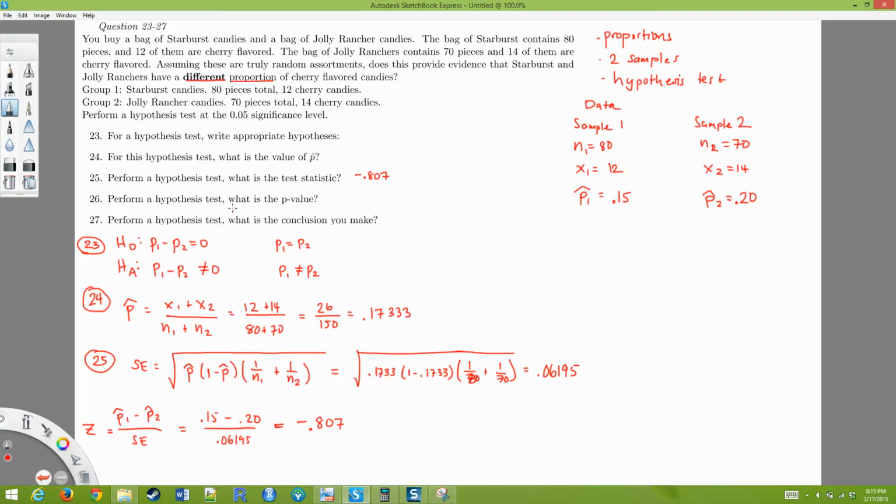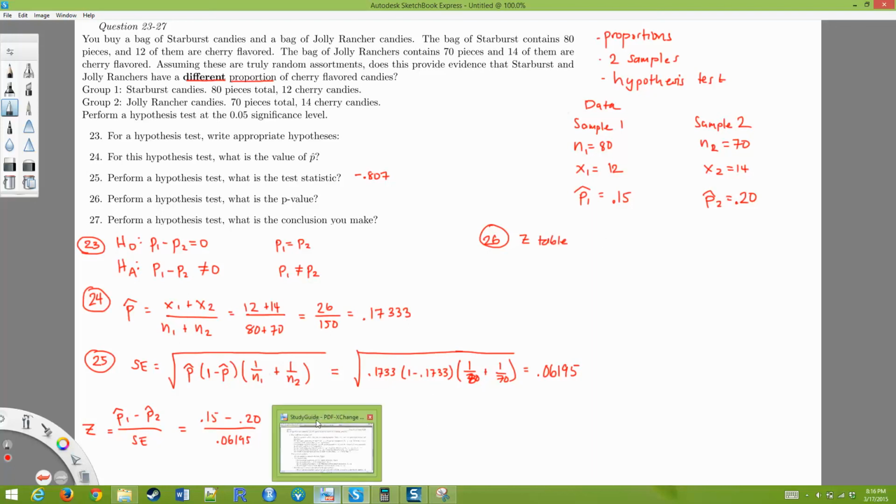What is the p-value? 26. So with my test statistic, what do I do? I go to my table. And which table do I go to? The Z table. Anytime I'm dealing with proportions, I always go to the Z table. Z table for proportions, always.